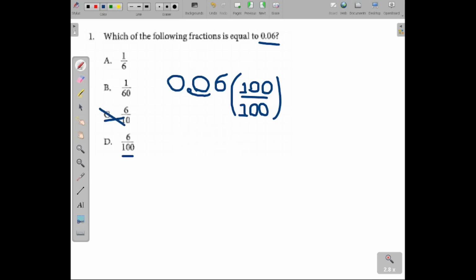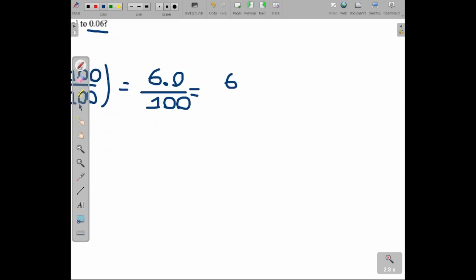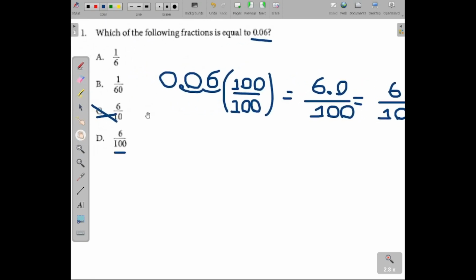So now if we multiply by 100, we got times 10 times 100, it will become 6, or 6.0 if you want, divided by 100. Which is the same as 6 divided by 100. So the right answer is D.